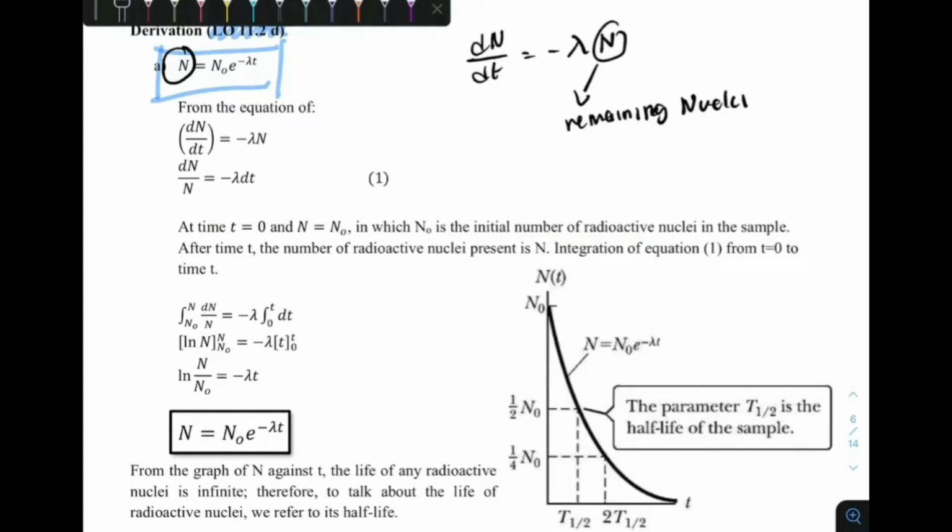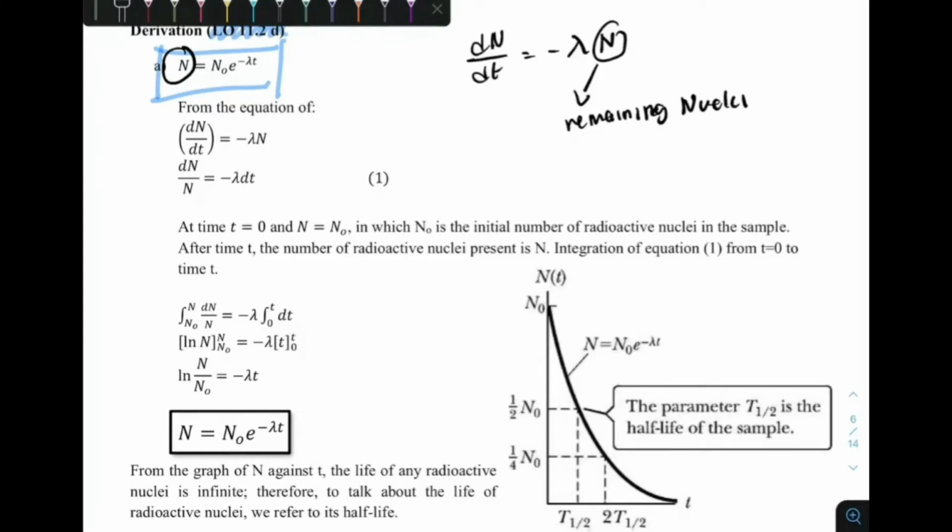So pada t sama dengan 0, maksudnya proses decay ini belum berlaku. Whatever nuclei that you have is the maximum number ataupun initial number of the radioactive nuclei dekat sini, n naught. After time t, the number of radioactive nuclei present is n. So after some time dia akan decay dan daripada nilai n naught tadi dia akan berkurang menjadi n dekat sini.